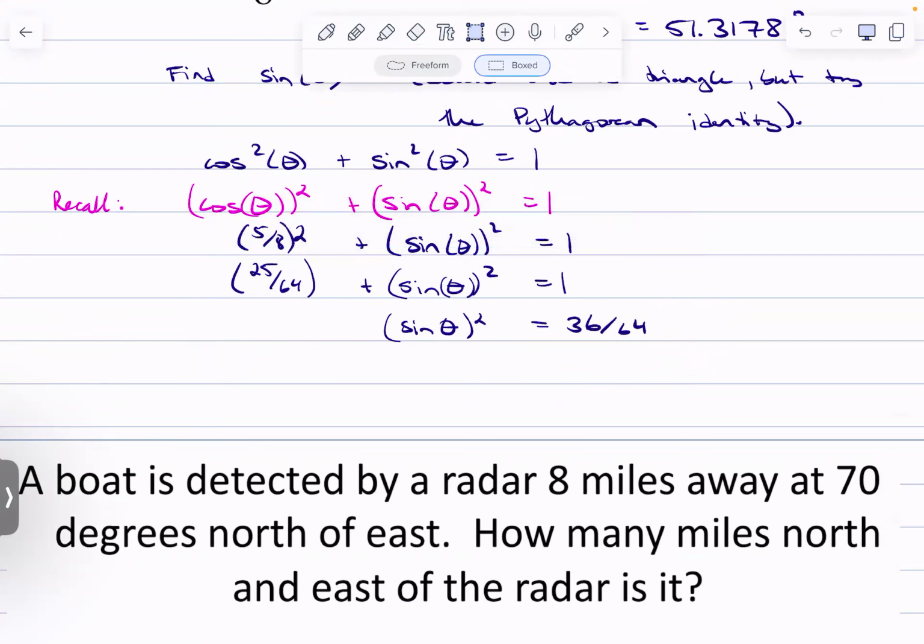If I want to solve for the sine of theta, take the square root of both sides. It's 36/64. Yeah, thank you.